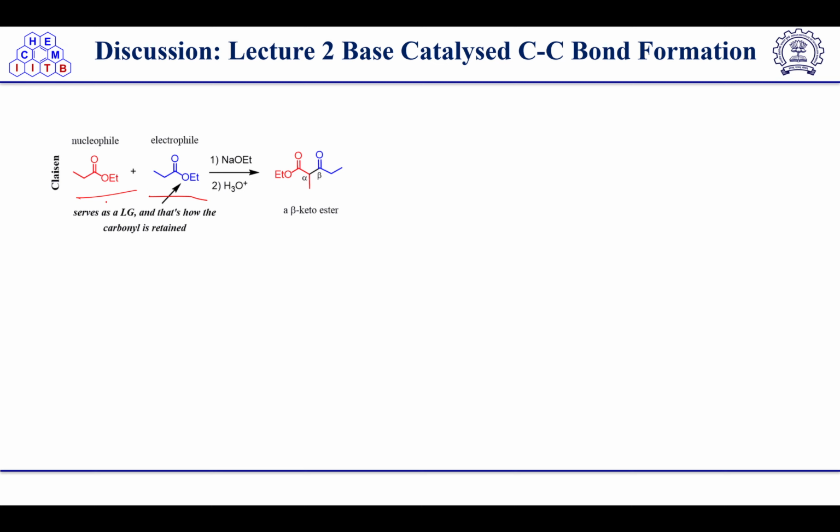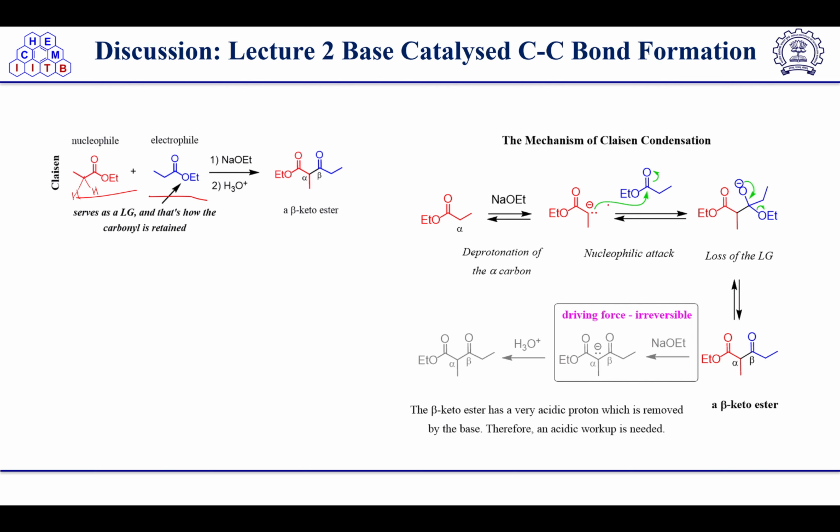Because these are the same esters, any one of them will undergo enolate formation. So proton abstraction will take place from any of the esters, and it will form an enolate. Here we have the mechanism, right? This is an ester, and it will form an enolate.